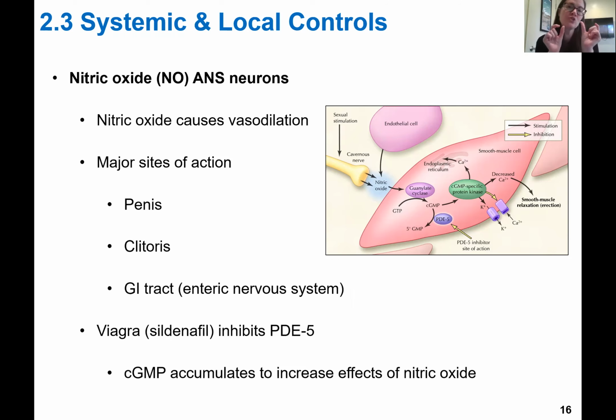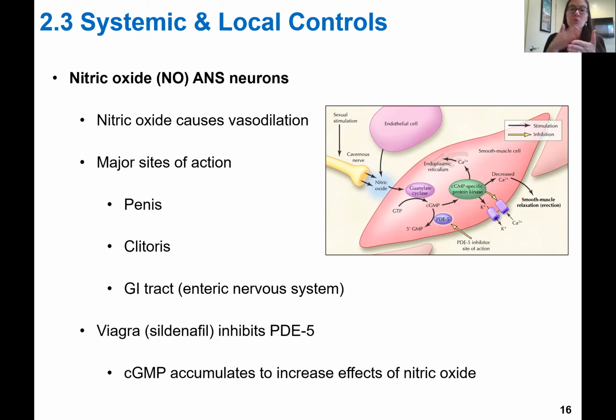And then there was this little sort of footnote. Oh, by the way, there's also some nitric oxide autonomic neurons. I'm not going to talk about them right now. I'll get to them later. This is the later. So there are a few neurons in the autonomic nervous system that are not sympathetic or parasympathetic. They are nitric oxide neurons.